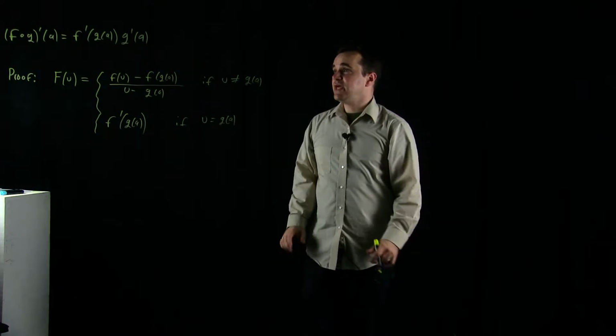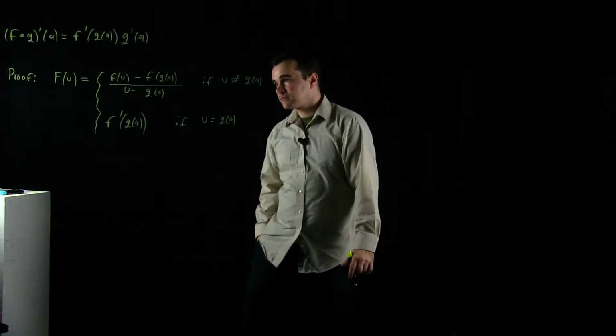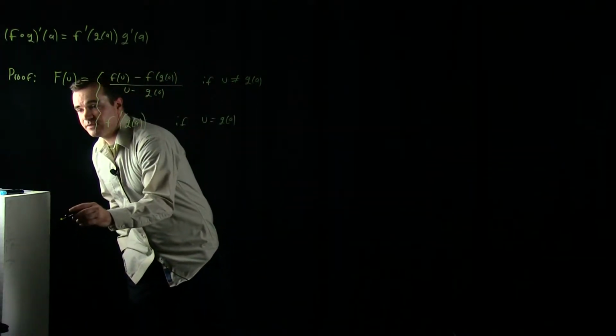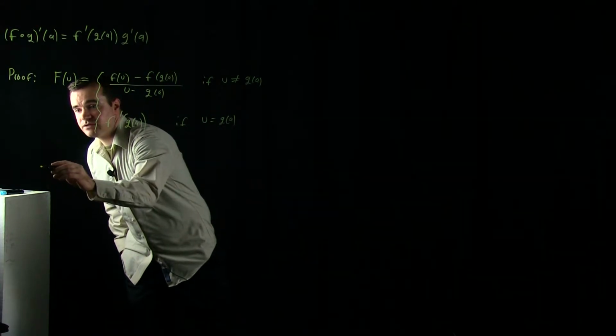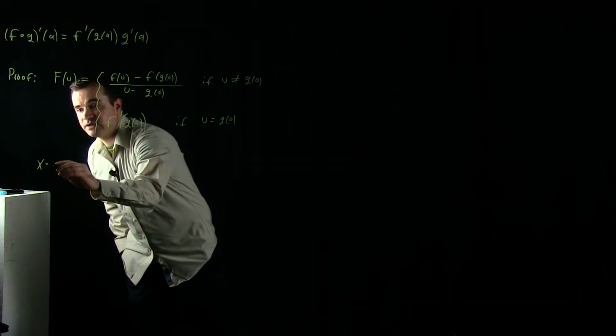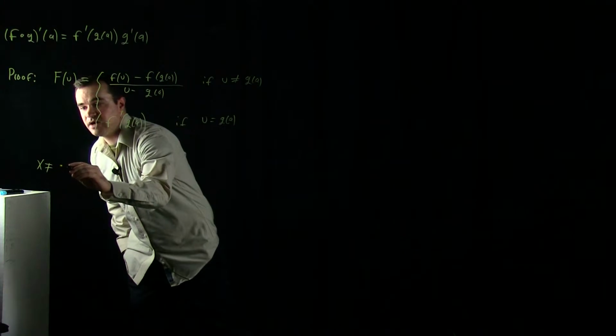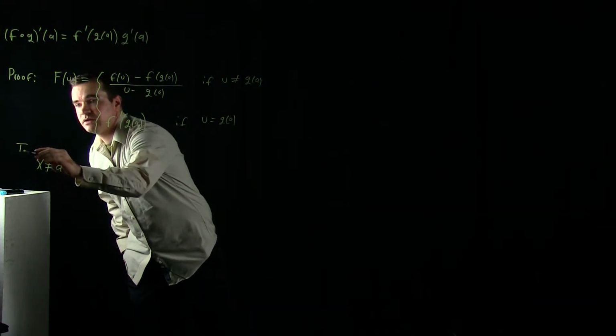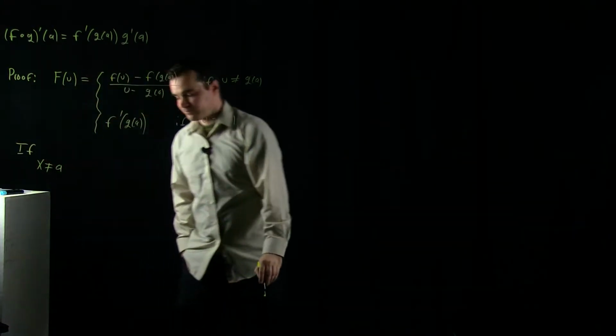Okay, so the next thing that I'm going to do is take this function and introduce variable x, and let's say that x is not equal to a. It can be anything except point a.